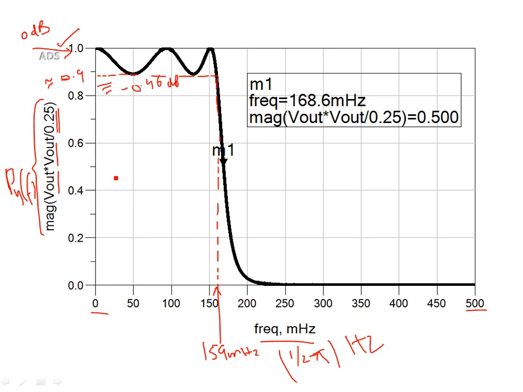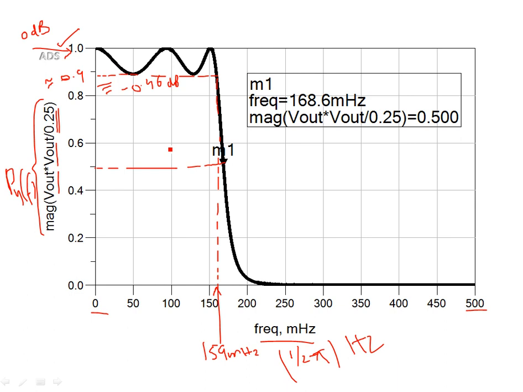Now you can also see the point where the marker is set. This is the half power point. For a Chebyshev response, the half power point is not the passband edge, unlike Butterworth, where the cutoff frequency is usually taken to be the 3 dB point.